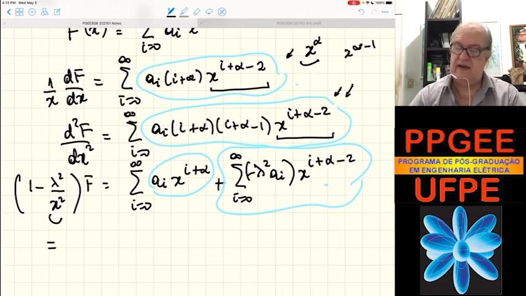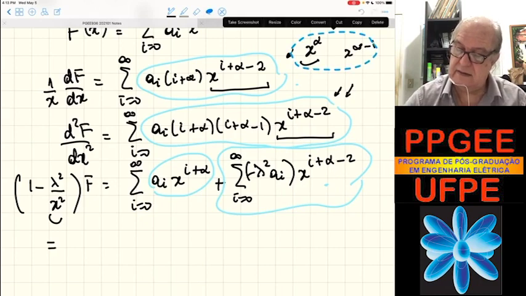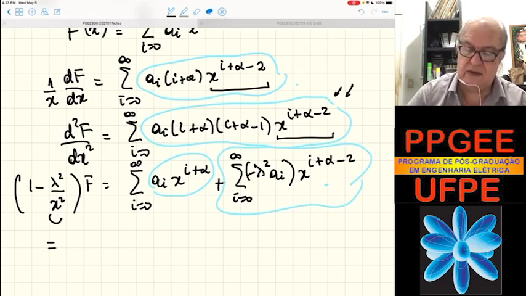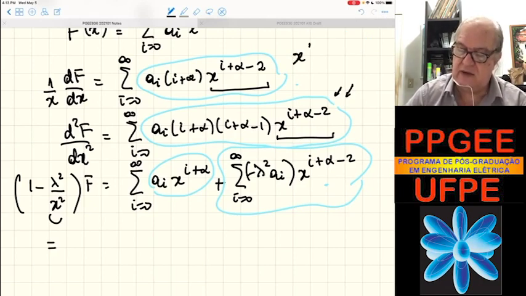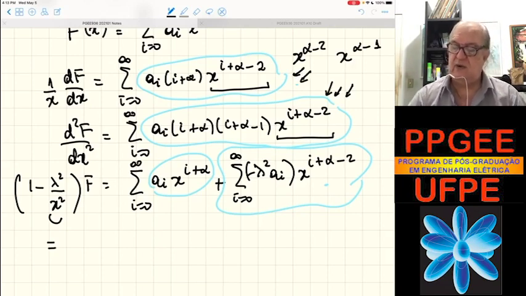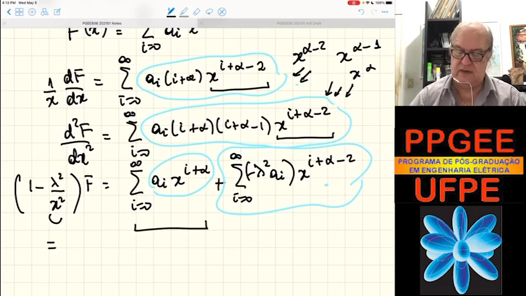This is wrong again. Just a second. The lowest order power is going to be i equals 0, so it's going to be x to alpha minus 2, x to alpha minus 1, both those things here. Then you go x to alpha, which is going to be equal to this one.